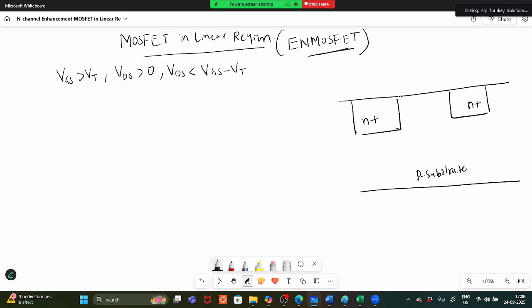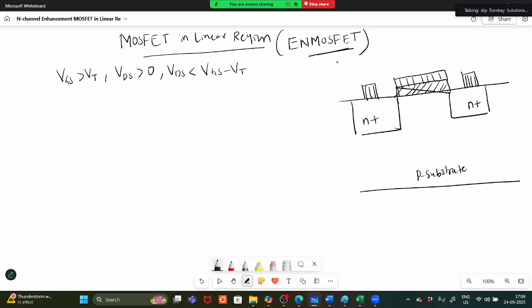And the oxide layer, the SiO2 layer, and polysilicon. This is polysilicon, or metal. And here this is a metal, this is a metal, and this is a metal.